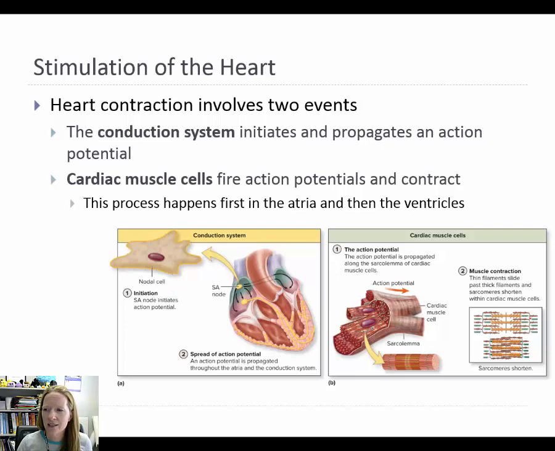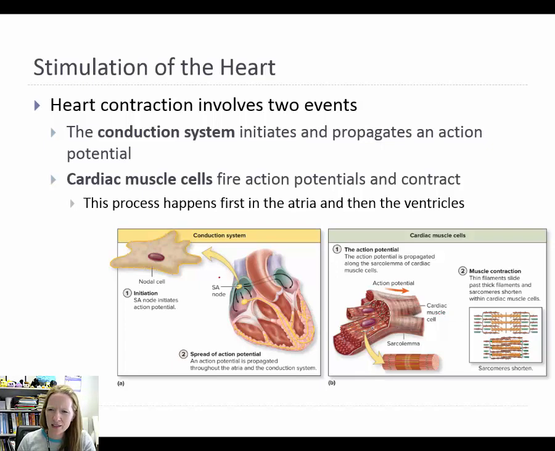Exactly what this is going to need. So they sit pretty much right next to the cells of the cardiac muscle and help sweep that action potential across the contractile cells. That's what we're going to be looking at in the next section.